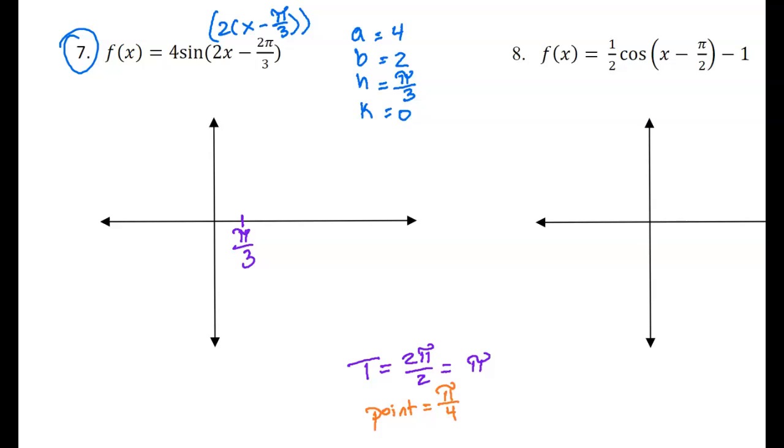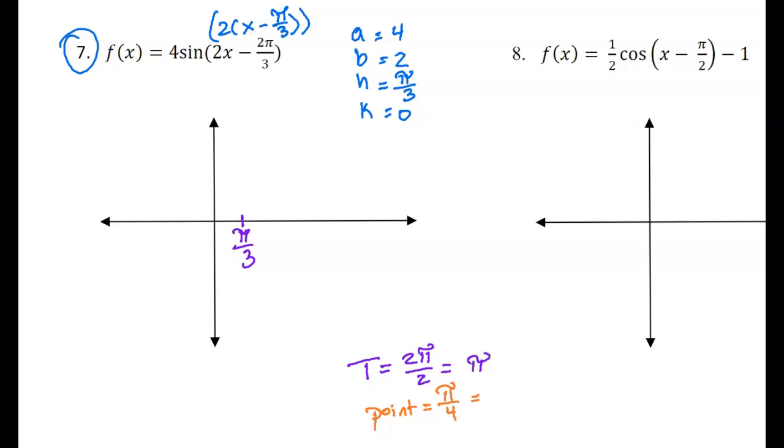This means you need a new tick mark, a new point, every pi over 4. So what you have to do is take pi over 3, your horizontal shift, and instead of just increasing by pi over 4, it's not as easy as that. You have to add pi over 4 to pi over 3. And we're going to do that.